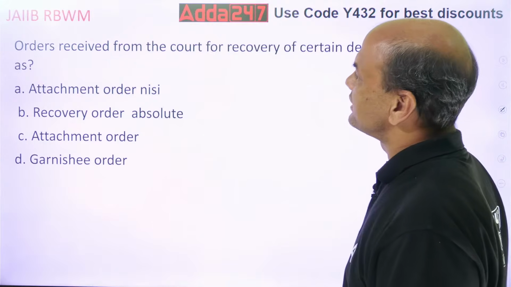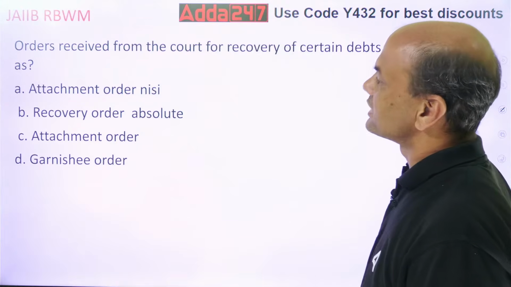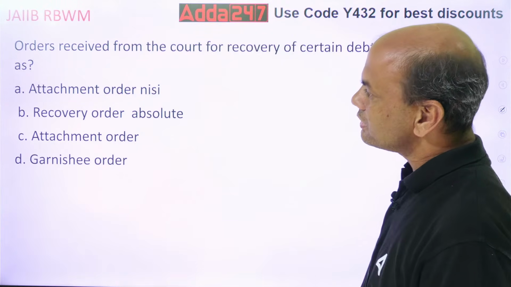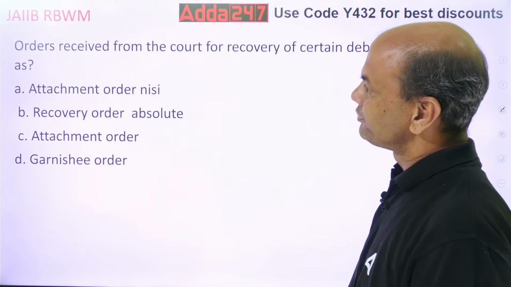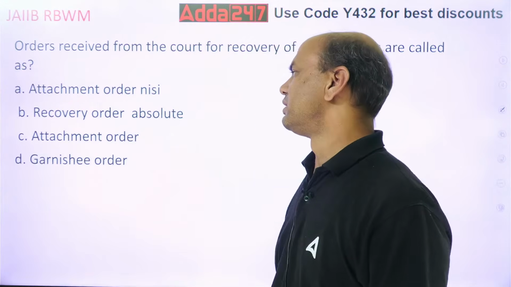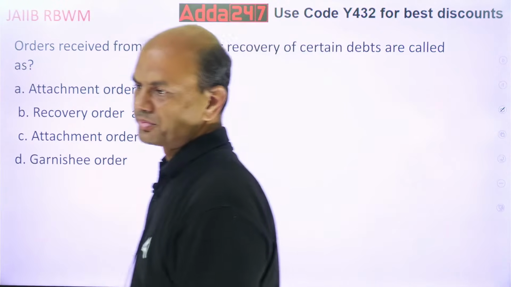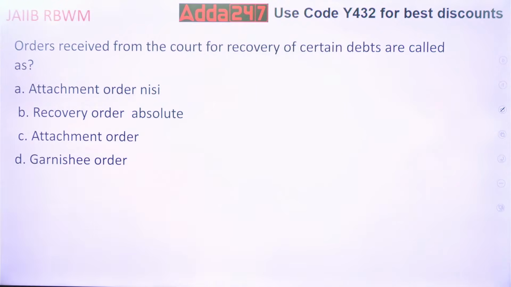Orders received from the court for recovery of certain debts are called as: attachment order NISI, recovery order absolute, attachment order, or garnish order. Check this, everyone.